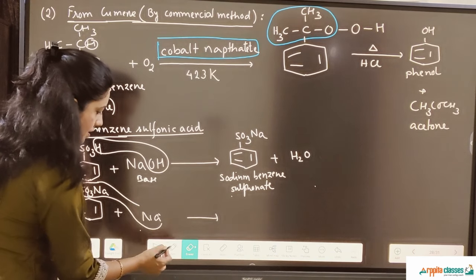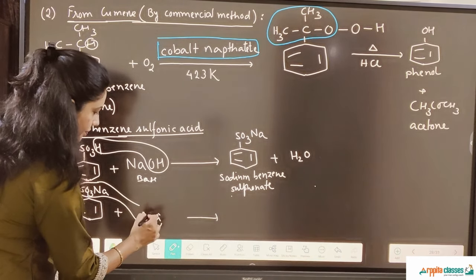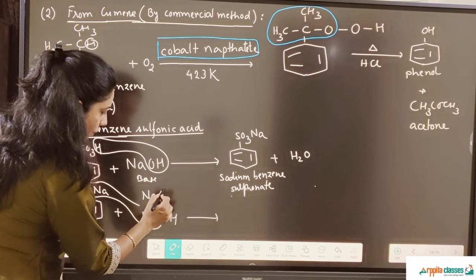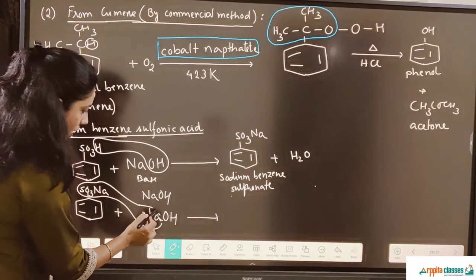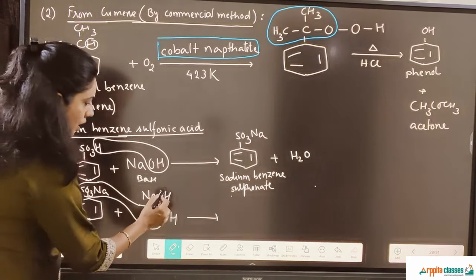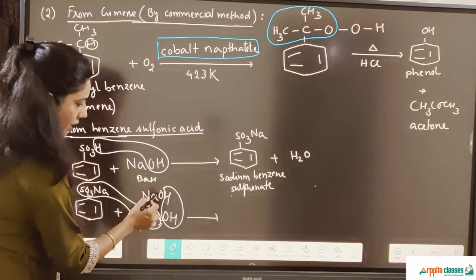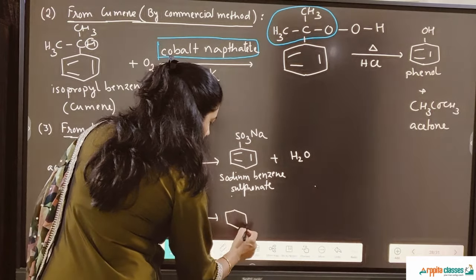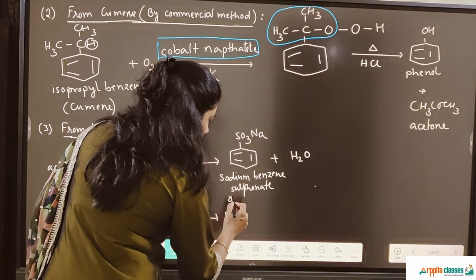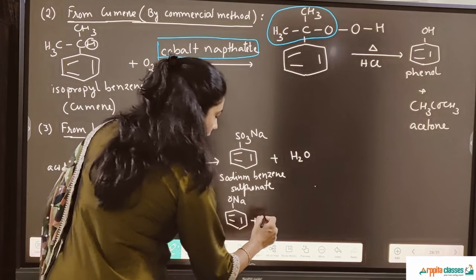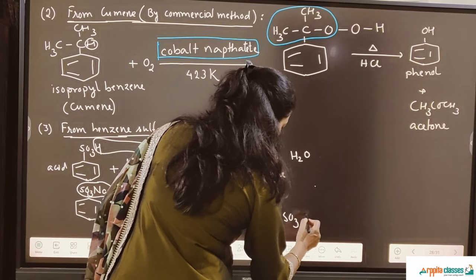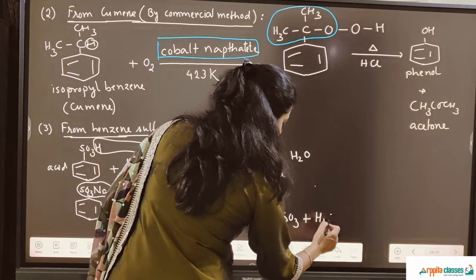This is NaOH. This is another mole of NaOH. So 1 mole of Na2SO3 is coming out, 1 mole of water is coming out, and ONa gets attached to the benzene ring. So we get ONa attached to the benzene ring, that is sodium phenoxide, and the byproducts here are Na2SO3 and 1 molecule of water.